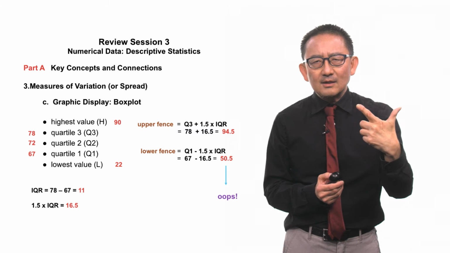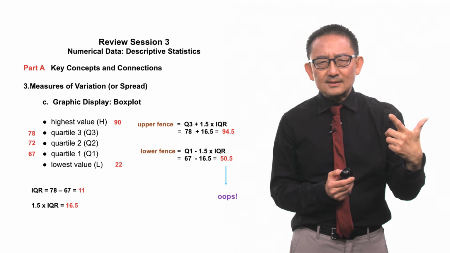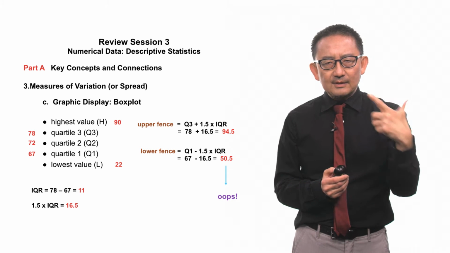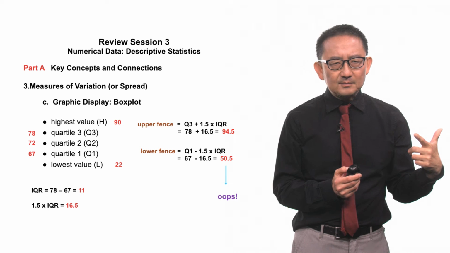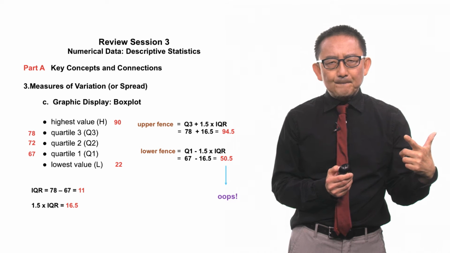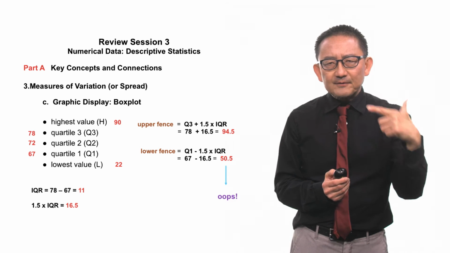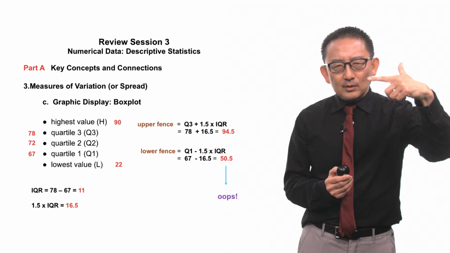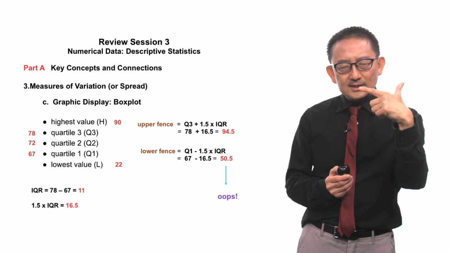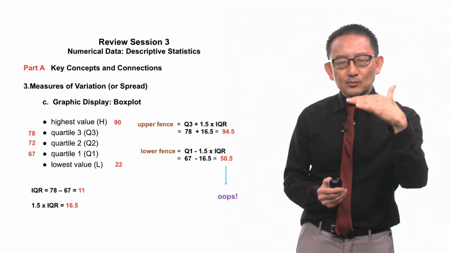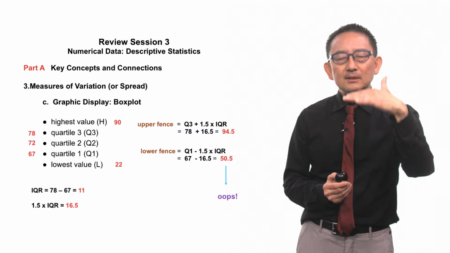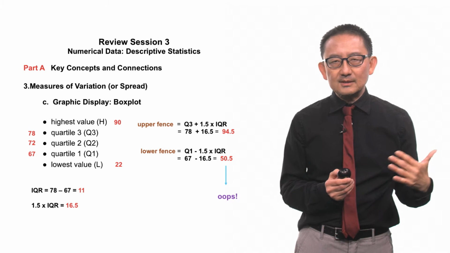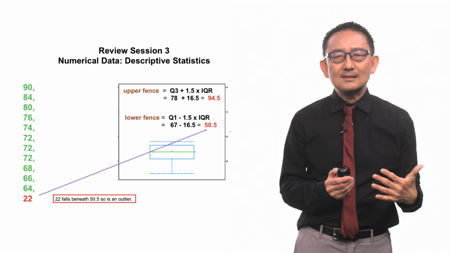So our lower fence is 56.5, and look at what our lowest value is. It's 22. So that indicates that we have a value that lies below the lower fence, or the boundary where we would determine if something is an outlier or not.